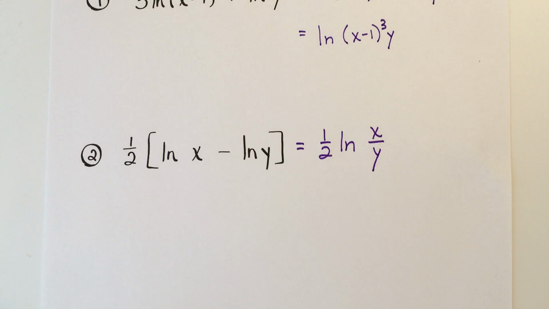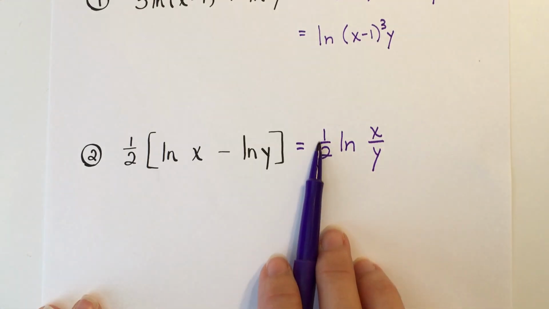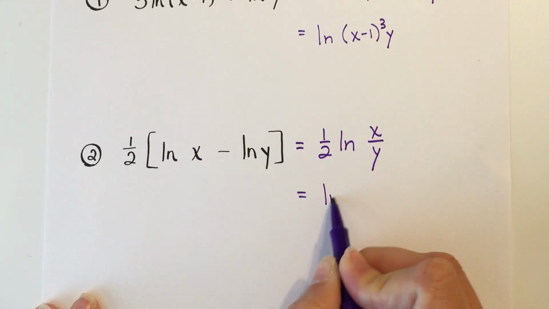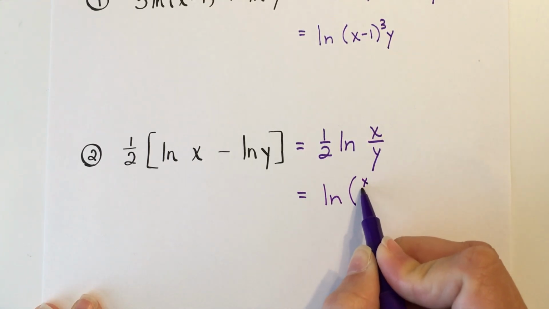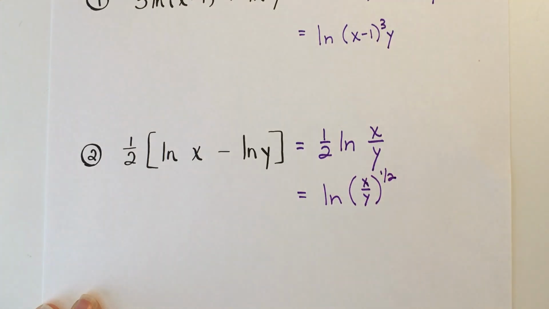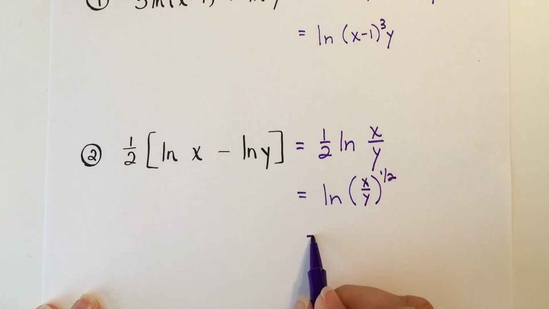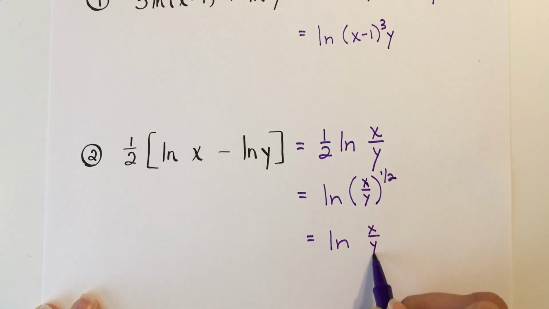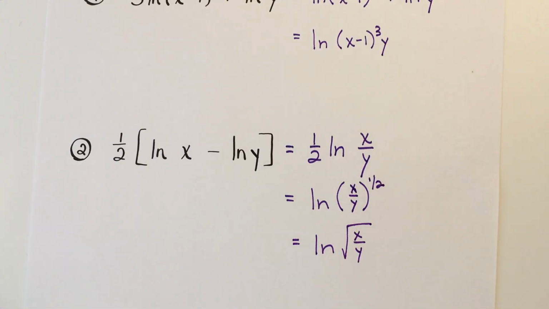So now that I've got them separated with subtraction, I put them back together into one term by making a fraction. Now, the 1/2 has got to go back here to be a power. It's got to be on that whole argument, so that whole fraction is being raised to the 1/2 power, which would mean that that whole fraction is a square root if you take it back to the radical form, okay?